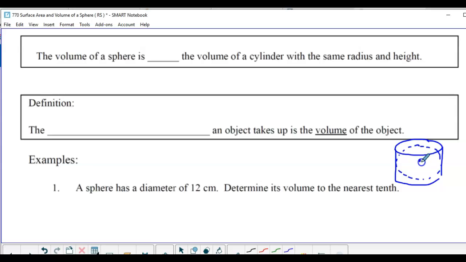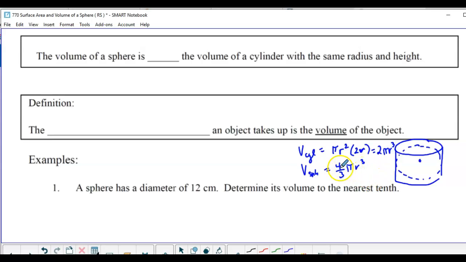So when we think about that, volume of a cylinder would be pi r squared times the height, which is going to be 2r, the diameter, and volume of a sphere is 4/3 pi r cubed. Well, if we simplify this, we get 2 pi r cubed.